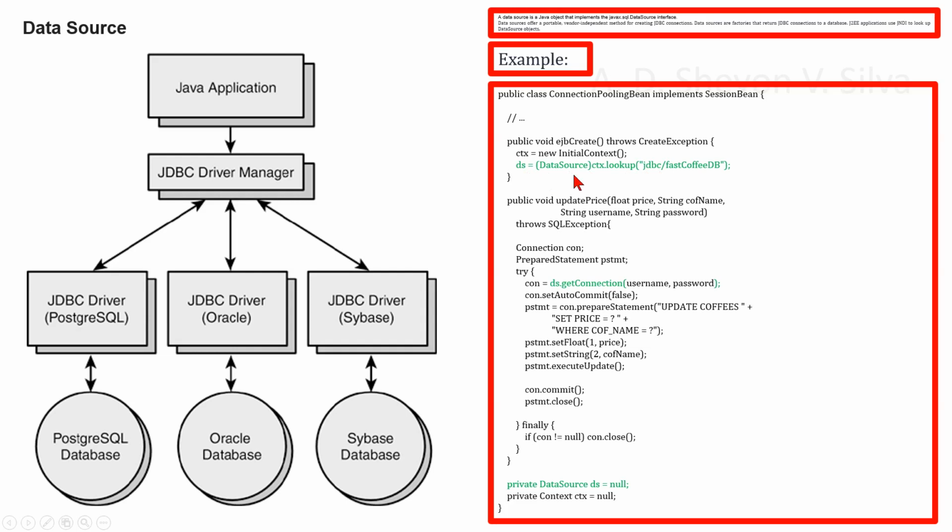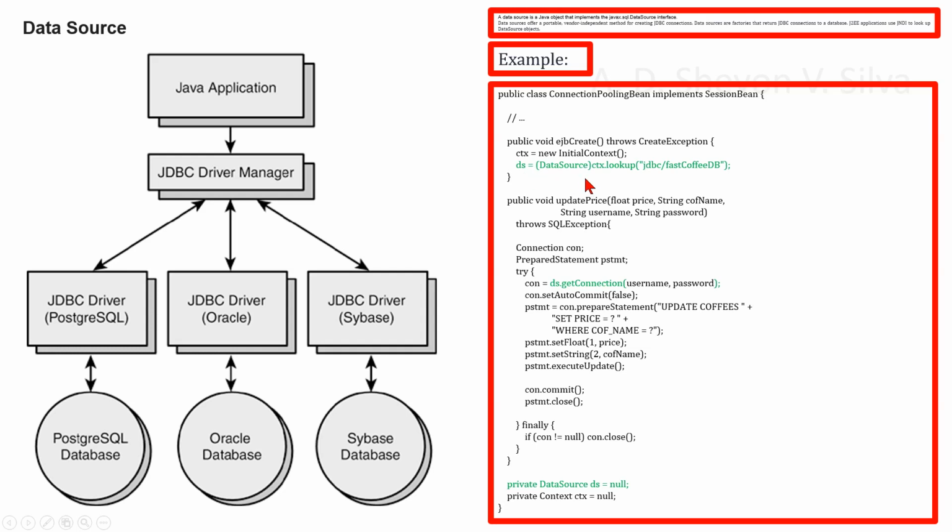Because the return value of the method lookup is a Java object, we must cast it to the more specific data source type before assigning it to variable ds. The variable ds is an instance of the class that implements the data source interface.